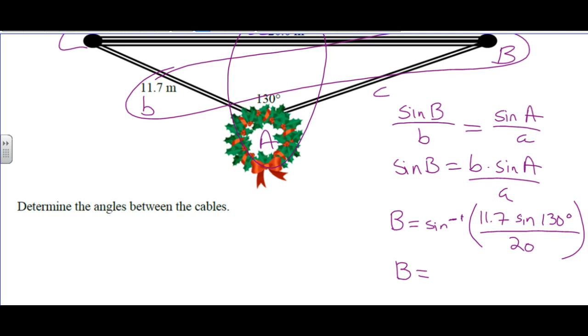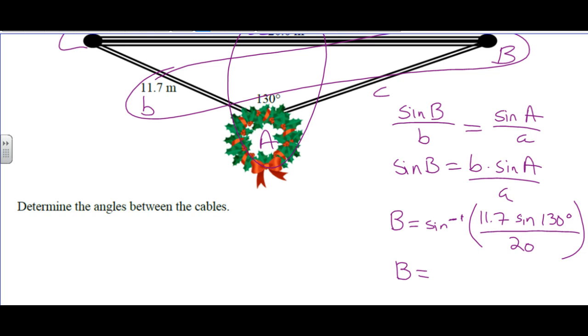Okay, so I don't want to use that calculator. I use this calculator. Okay, what do we got? Second function sine inverse. 11.7 sine 130, close parenthesis, divided by 20, enter. Got 26.62, so call it 26.6.